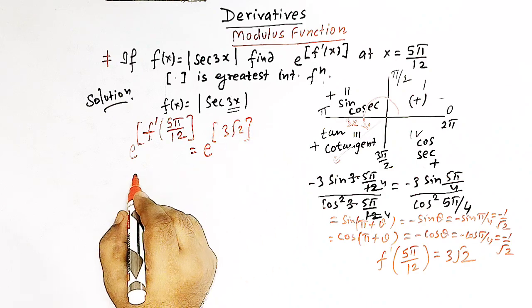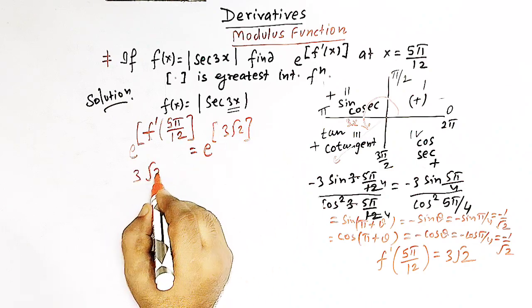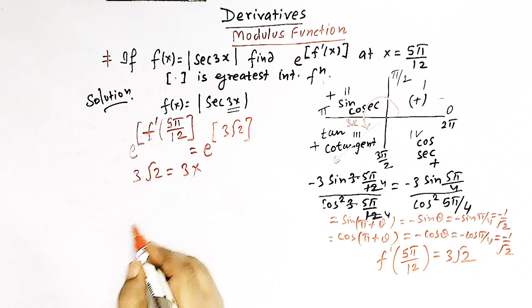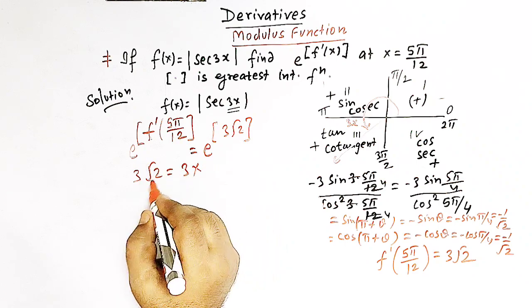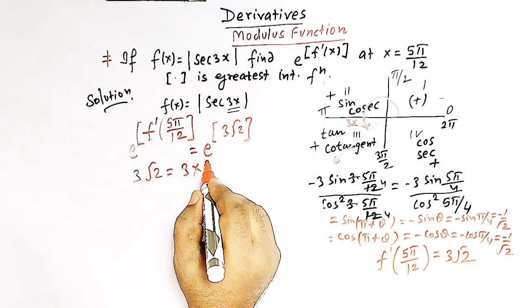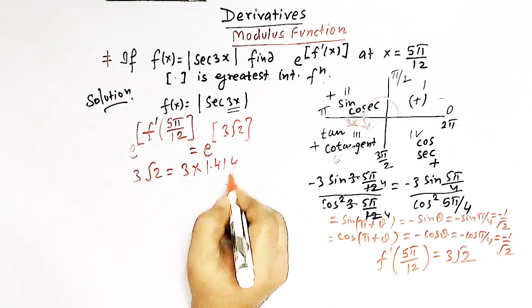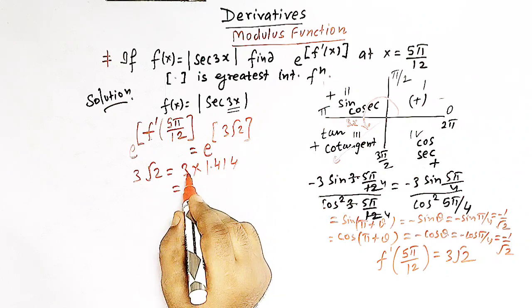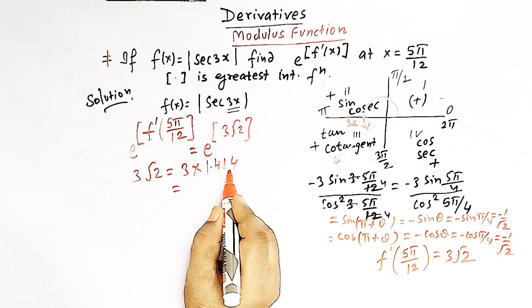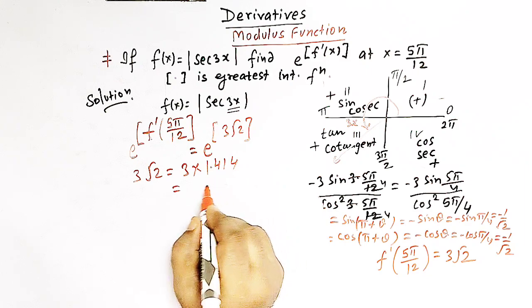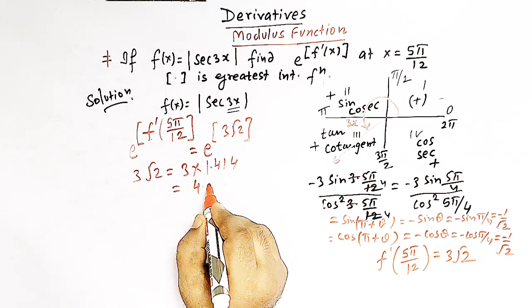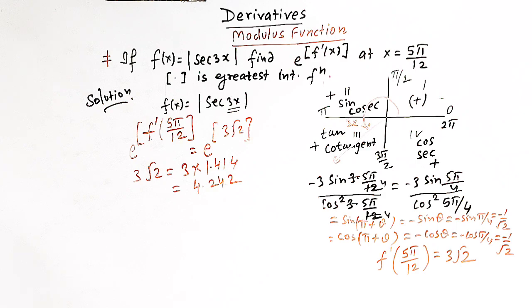Now see, the value of 3 root 2 is given by 3 times the approximate value of square root of 2, which is 1.414, and if we multiply 3 and 1.414, we'll get 4.242, right?